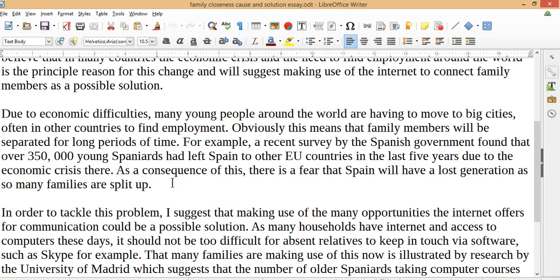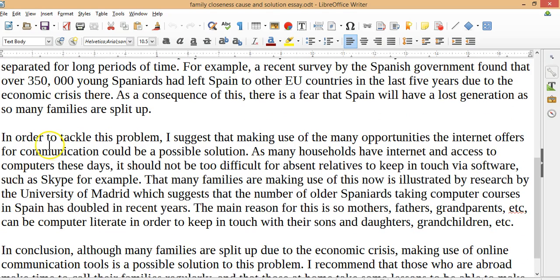Okay, so now I like to spell things out. You know, this is a reason, this is the problem, this is the solution. So the examiner, in other words, is in no doubt as to what you're writing about. So in order to tackle this issue or problem, I suggest that making use of the many opportunities the internet offers for communication could be a possible solution.